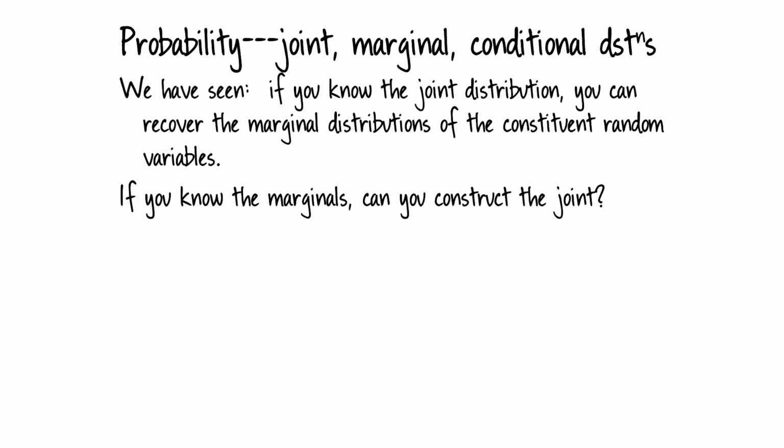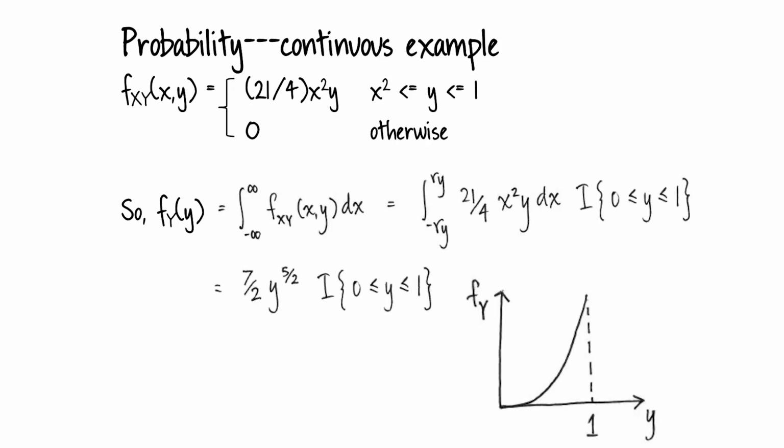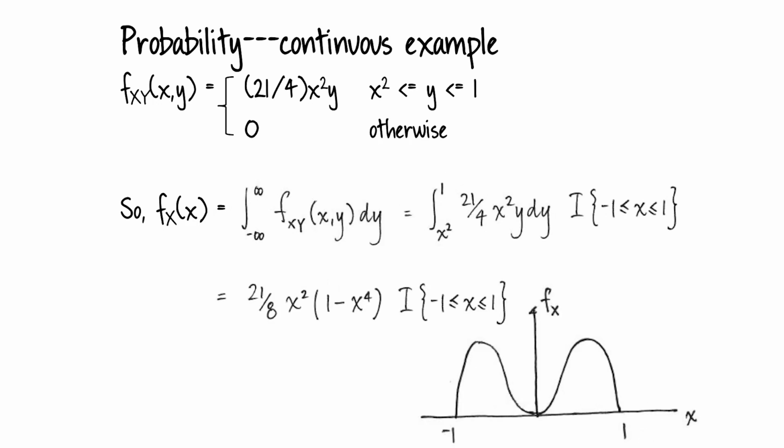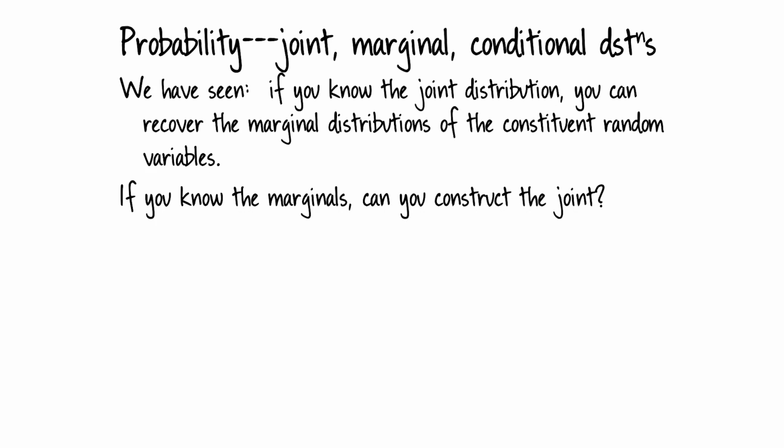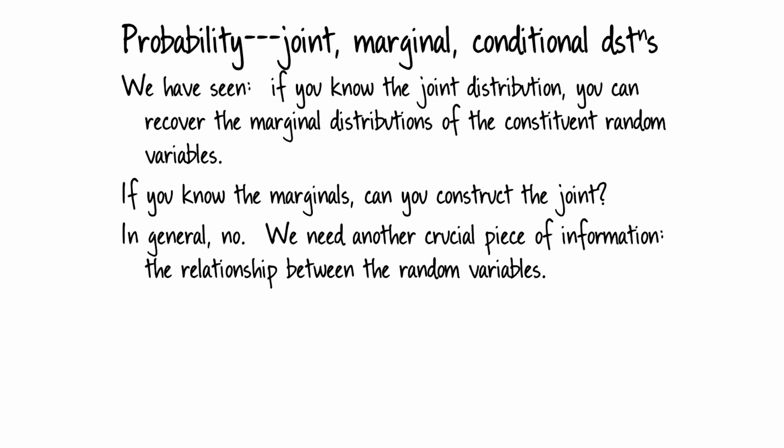So I want to pose the following question: if you know the marginals, can you construct the joint distribution? If I gave you this marginal PDF and this marginal PDF, do you think that you could reconstruct the joint distribution of x and y? Guesses? Well, the answer is no.